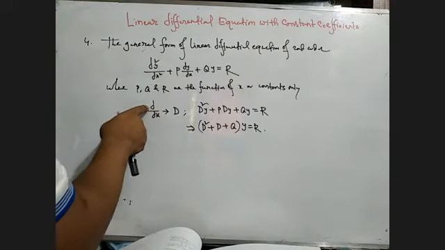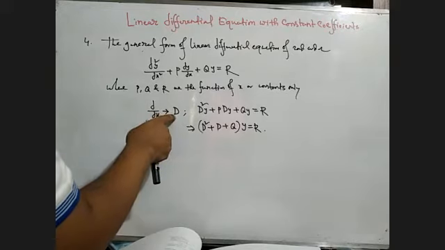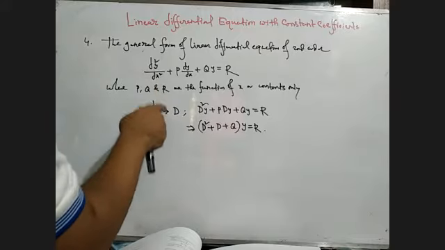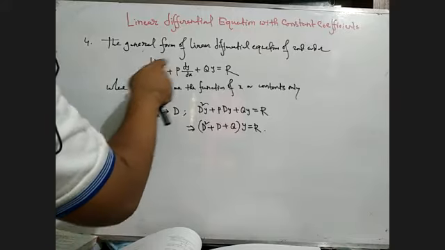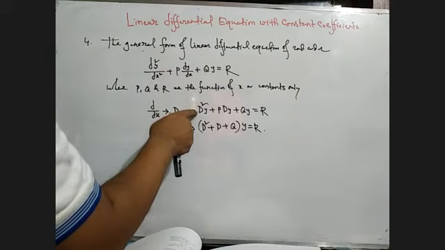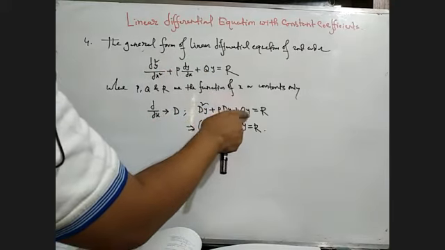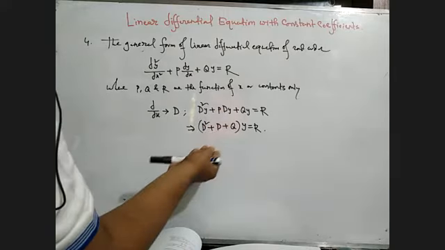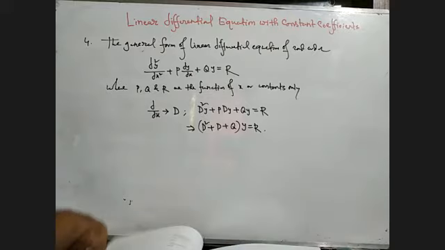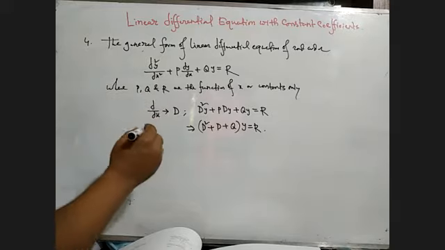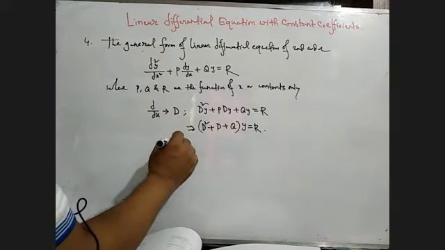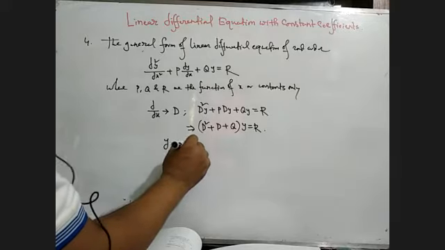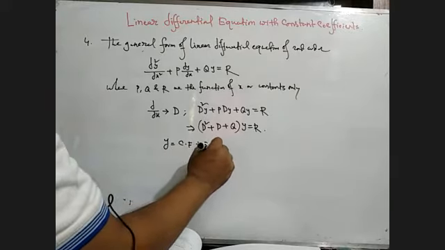Now, if we write d/dx equivalent to capital D, the differential operator D, then using this operator, the second order differential equation can be written as D²y + P Dy + Q y = R. That means taking y common, we can write (D² + PD + Q) y = R. This will give the solution. For the complete solution, we have to remember that y equals a complementary function plus a particular integral.